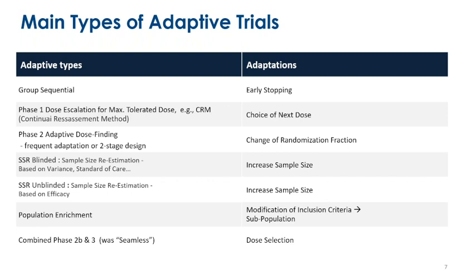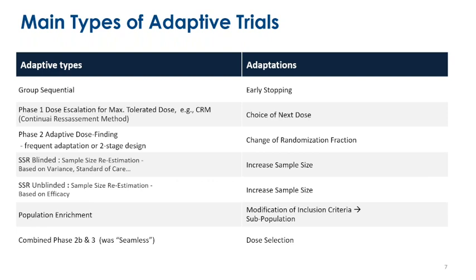And the adaptations can occur frequently or infrequently, minimally in a two-stage design with a single interim. And the key adaptive aspect of phase 2 adaptive dose finding trials is to change the randomization fraction or the choice of doses that continue to the next stage.